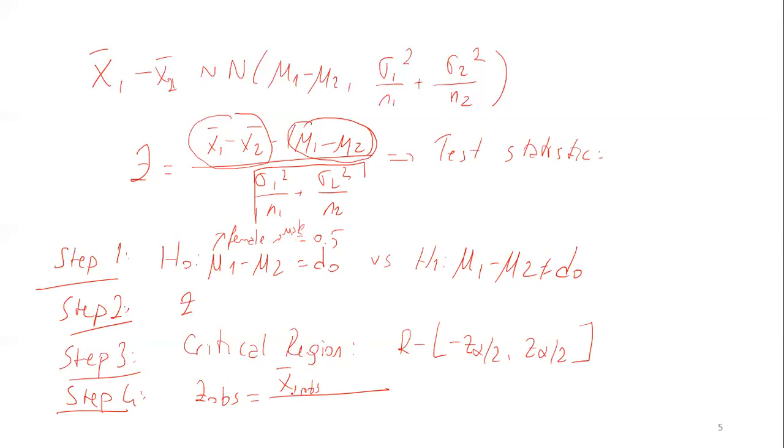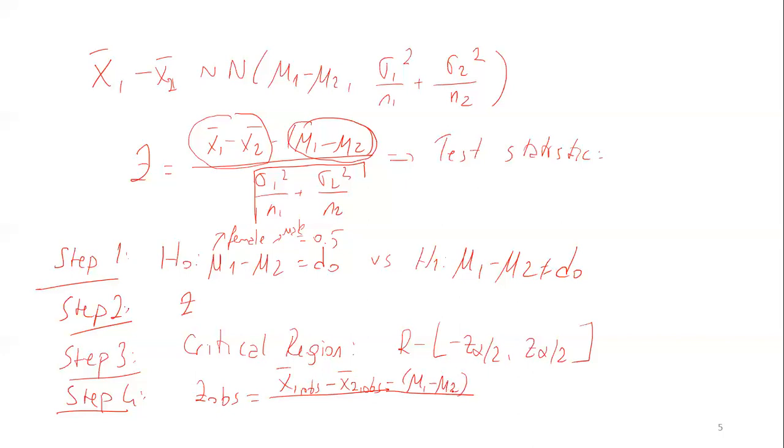Then you go to the class, ask the GPA of female students and take their average. This is your x1 bar observed, minus x2 bar observed from the male students, minus mu1 minus mu2.